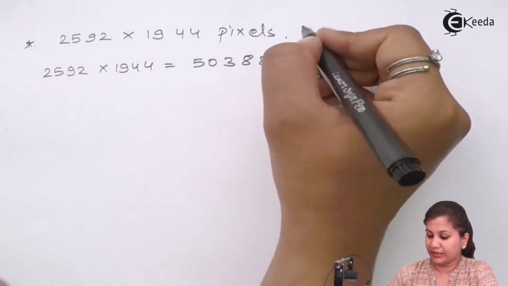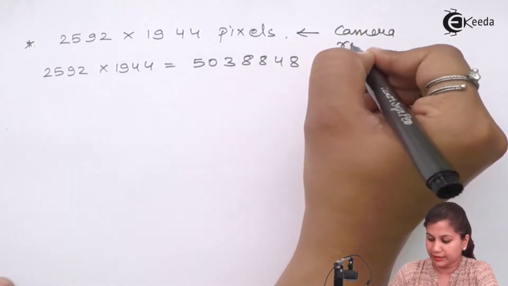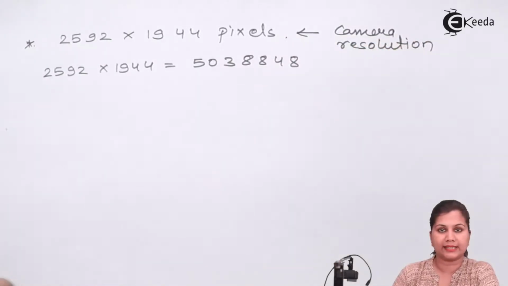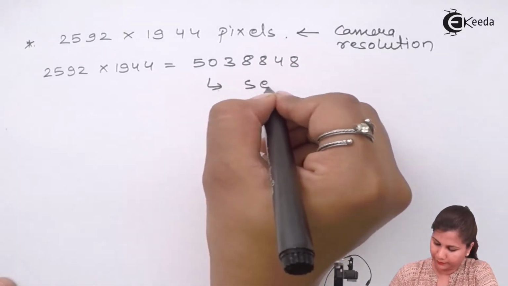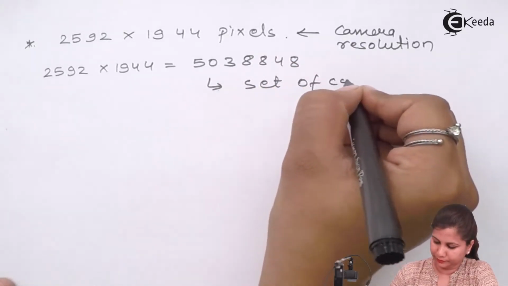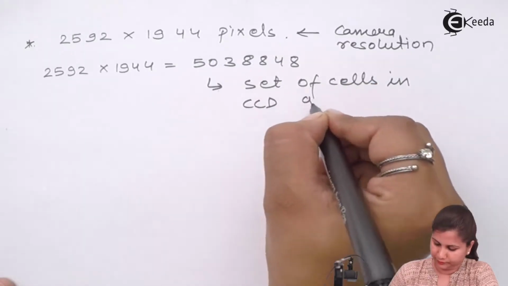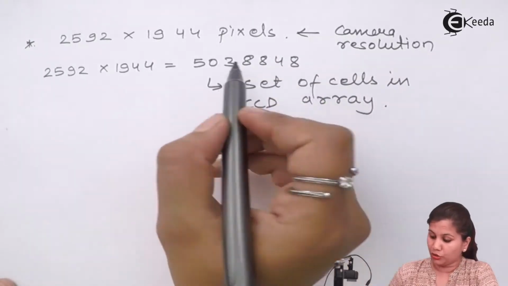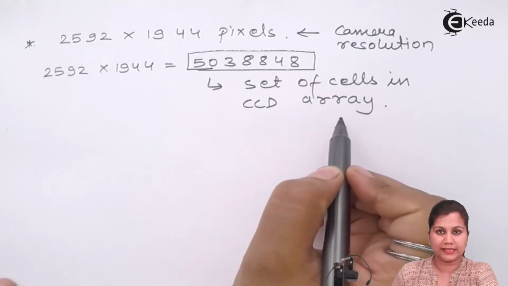So whenever we state the camera resolution, it means that this many cells are present in the CCD array.